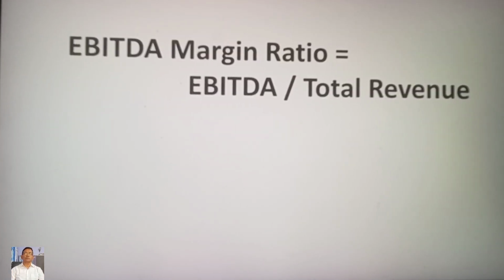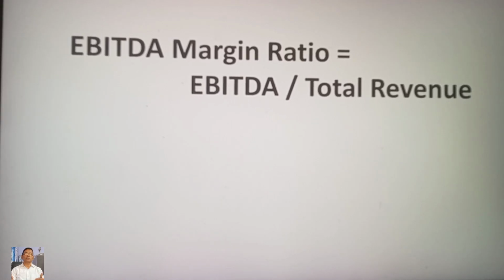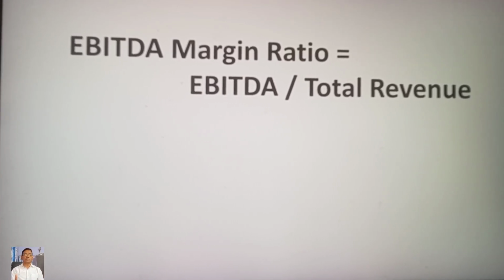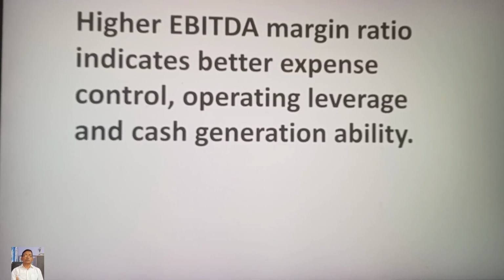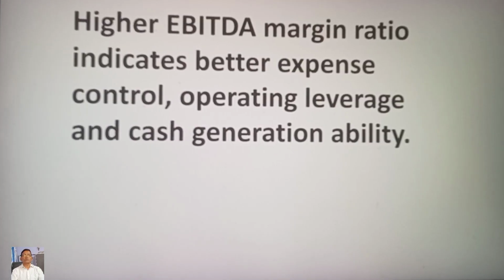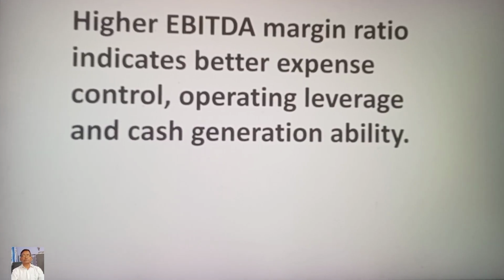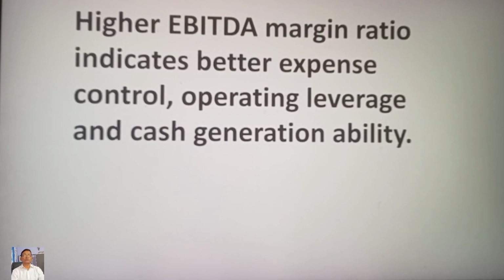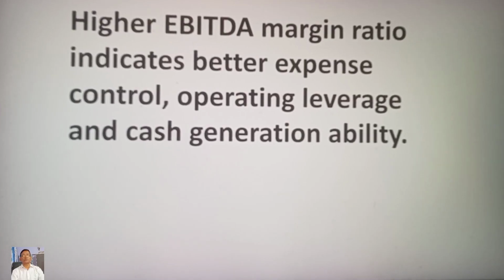So, EBITDA margin ratio is equal to EBITDA divided by total revenue. A higher EBITDA margin ratio indicates better expense control, operating leverage and cash generation ability, whereas a declining EBITDA margin indicates problems in managing costs or weaker cash flows.